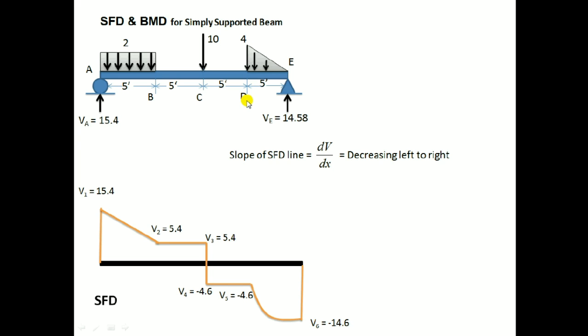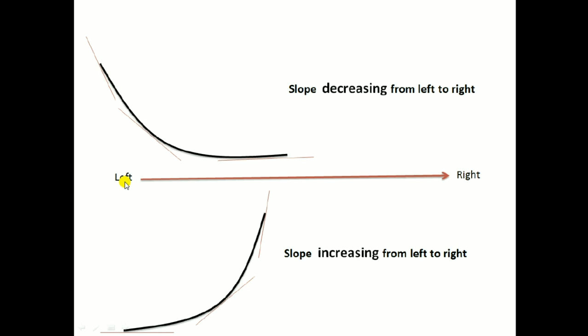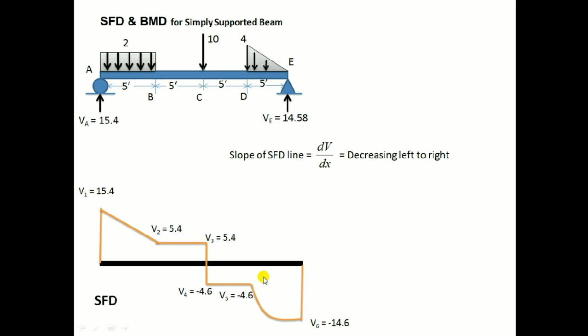As we are moving from D to E, the load is decreasing, so the slope of SFD will also decrease as we move from D to E. This is a simple concept. As we are moving from left to right, the slope is decreasing here. And where the slope increases, in that case the slope is increasing. So here we have drawn the decreasing slope because here UVL is decreasing. This is the simple concept till here.